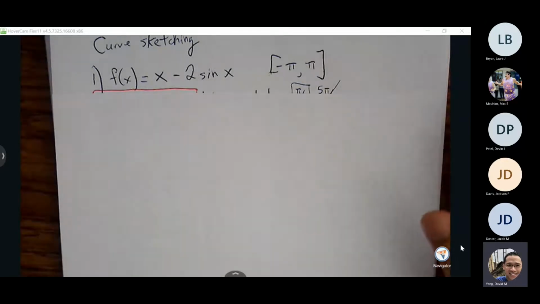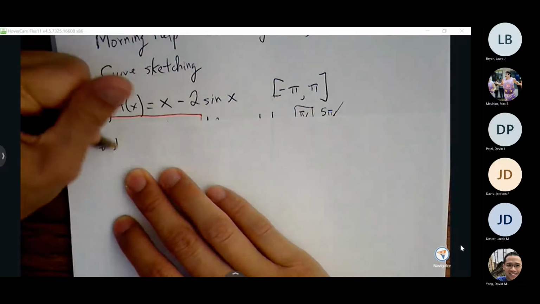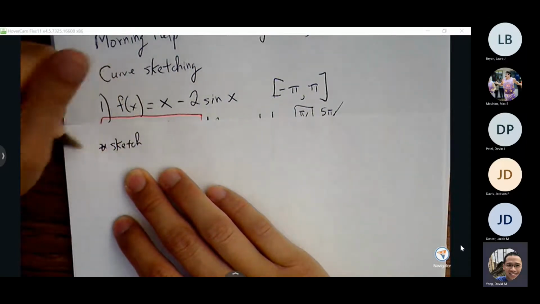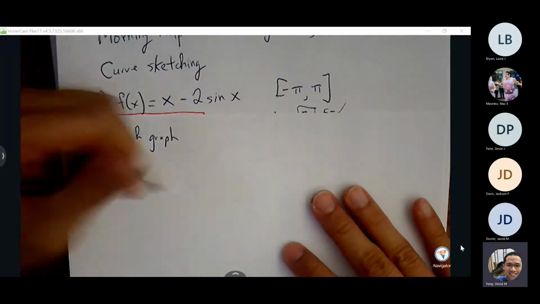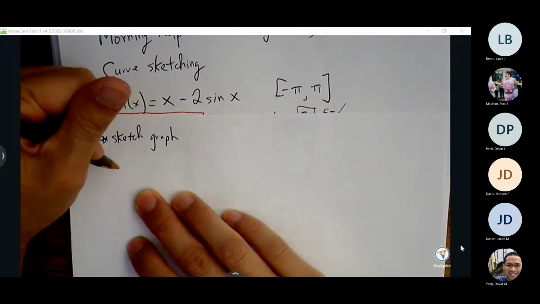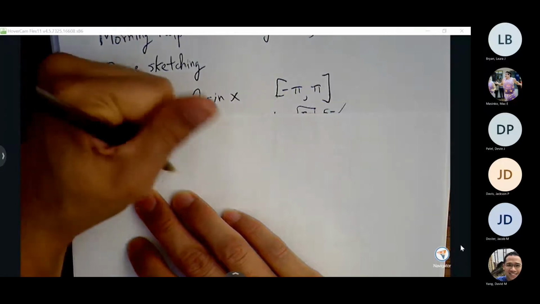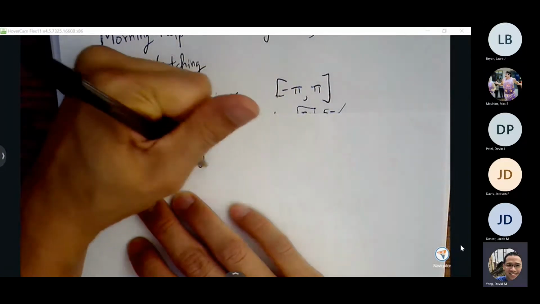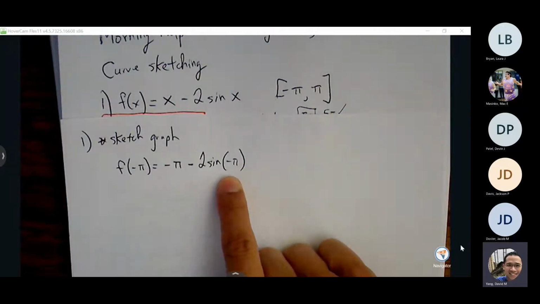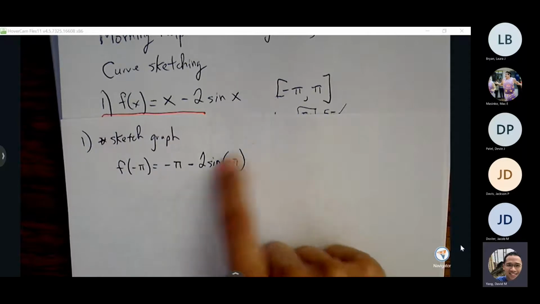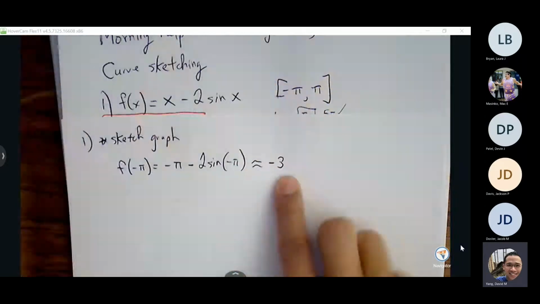Maybe we can also find points of inflection just for practice. Sine of negative pi is the same thing as sine of pi, so that's going to be 0, which is left with negative pi, which is around -3, right?